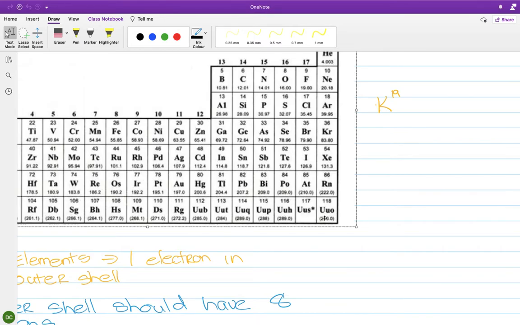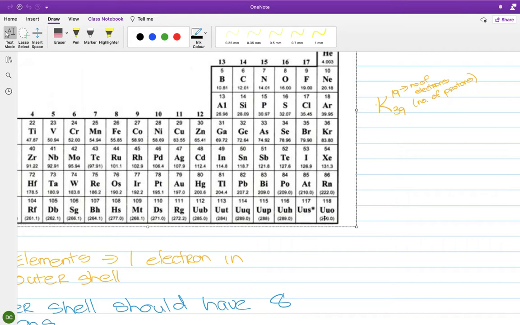The 19 up here is the number of electrons. It's also the number of protons. The number of electrons and protons in an atom need to match because electrons are negative and protons are positive, and overall it needs to be balanced. So there are 19 electrons and 19 protons.